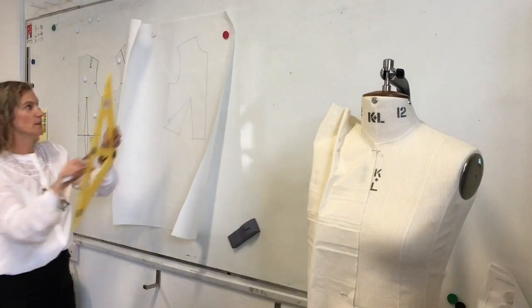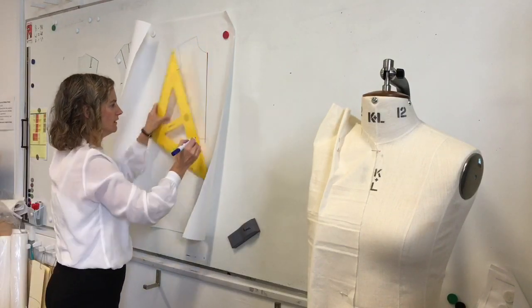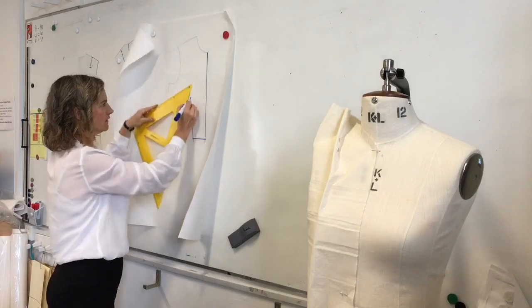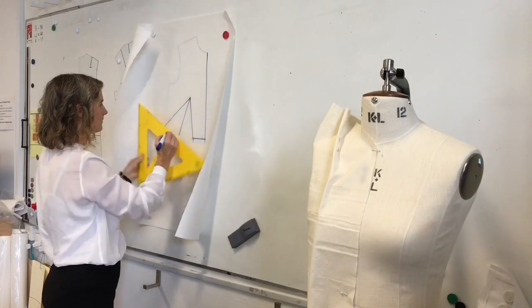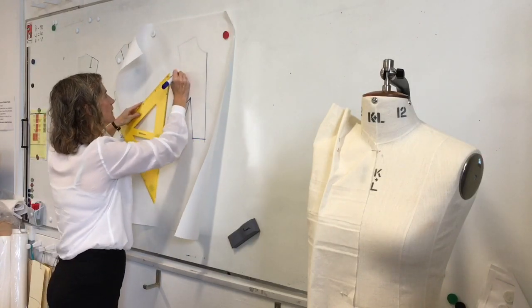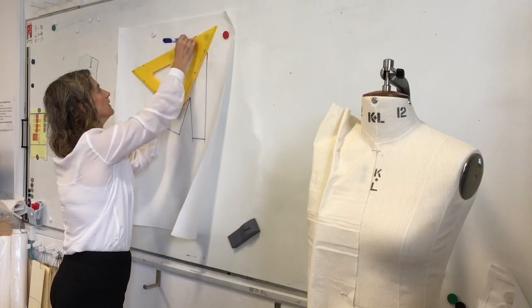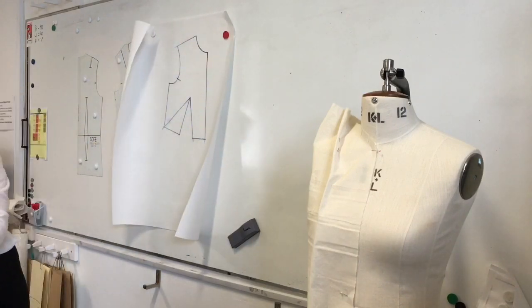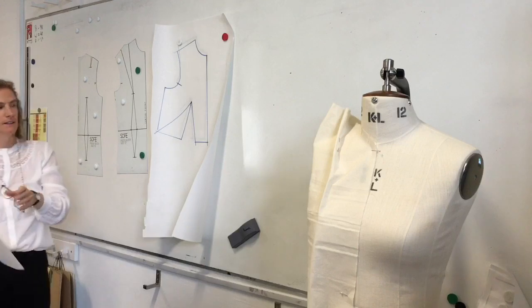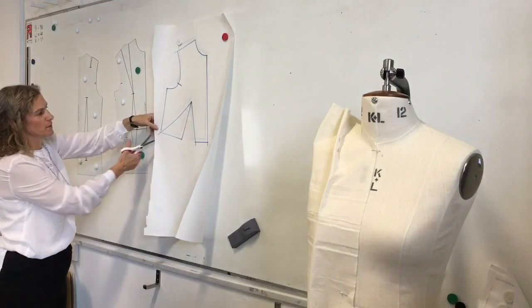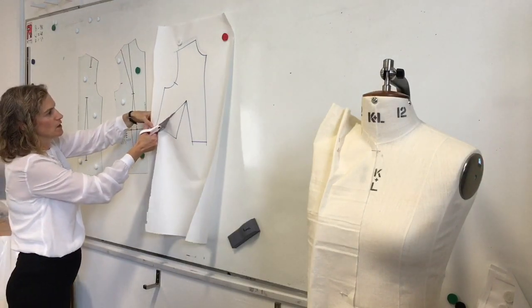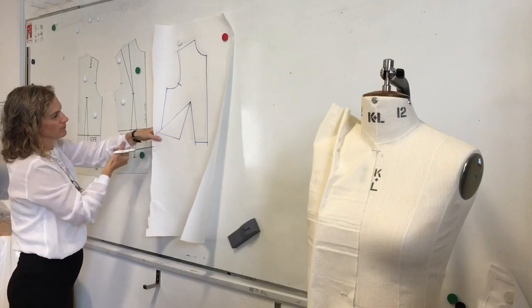You have to trace around it. Now it's better to cut the whole thing out, but you actually don't even have to. I'm going to cut along my cutting line here.